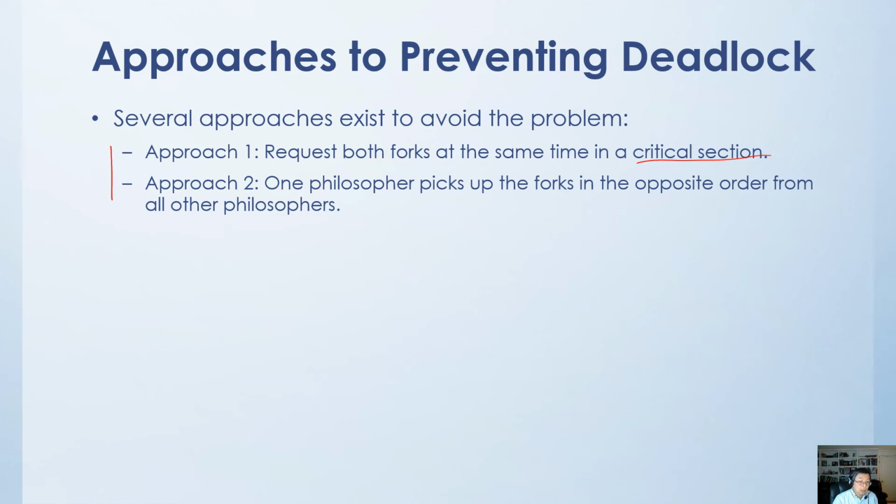That way you can guarantee that only when both forks are available can the philosopher eat. That's approach 1. Approach 2 is called the asymmetric approach. That means one philosopher picks up the forks in the opposite order from all other philosophers.